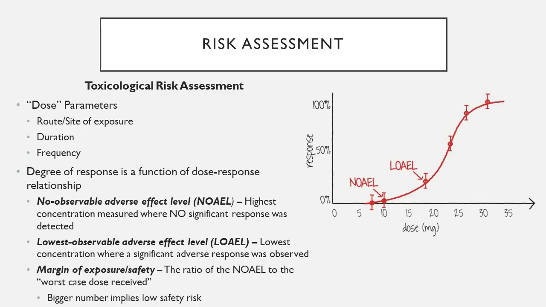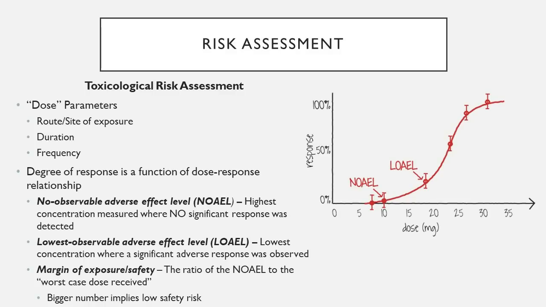Now, when previously discussing the toxicological risk assessment, I mentioned the need to create a dose-response relationship for a particular chemical used in a biomaterial. Some of the factors that affect this quote-unquote dose are the route or site of exposure, the duration that the biomaterial is left in contact and thus can leach out its extractable components, and then also the frequency with which you might apply a particular biomaterial.